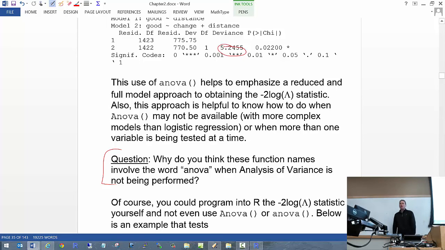Okay. So here's a question. Notice I've been using the word ANOVA a lot, but we're not doing analysis of variance here. We're essentially comparing likelihood functions. Why do you think this function is called ANOVA? Actually, I wish it wouldn't be, but it is. Don't blame me. Well, what do you do in analysis of variance? If you took Stat 802, you're often testing terms of a model, right?